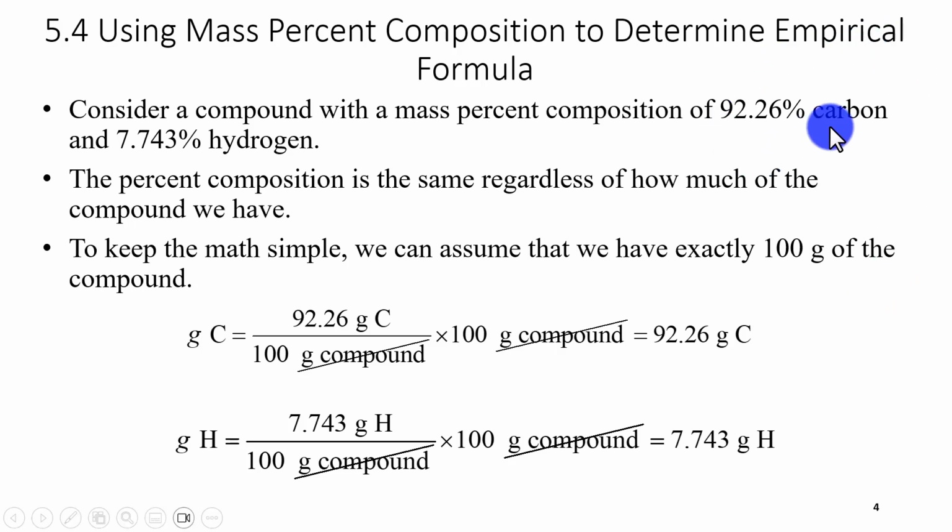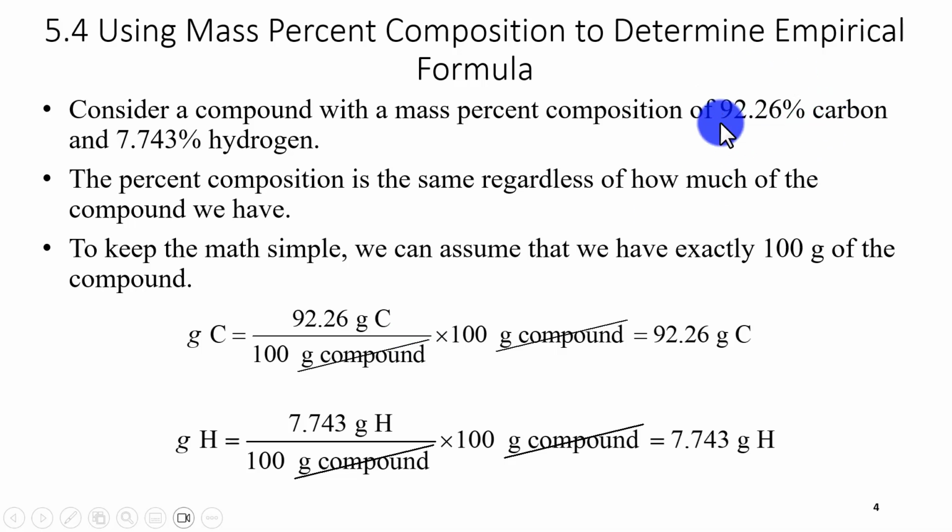Now, from the percent composition of each element, we can back calculate the mass of each element. So let's figure out the grams of carbon. Well, if there are 92.26% carbon in my compound, that means that for every 100 grams of the compound, I will have 92.26 grams of carbon.